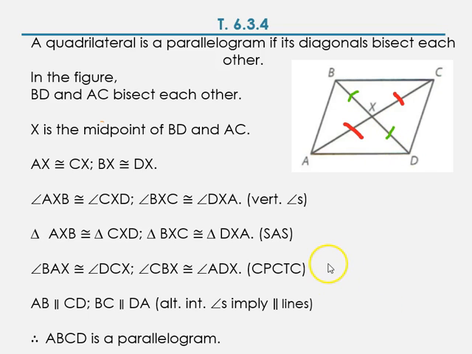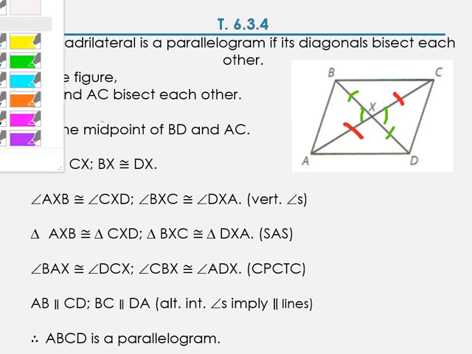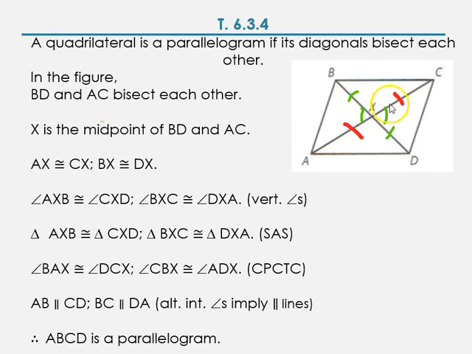We can also state that angle AXB is congruent to CXD, and we can state that BXC is congruent to DXA. That is because of vertical angles.